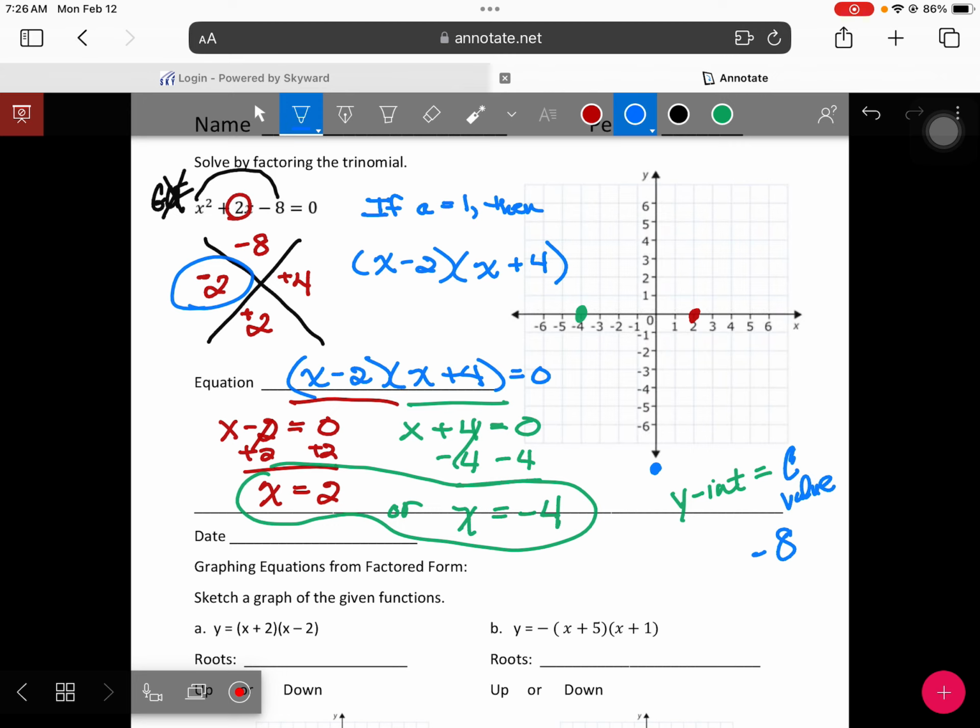Okay? My axis of symmetry, just looking at it, if I had to divide this into 2, this is 1, 2, 3, 4, 5, 6 spaces wide right here. My axis of symmetry is going to be right here in the middle. Okay? So if this is my y-intercept, my vertex is probably going to be just a little bit lower than that.